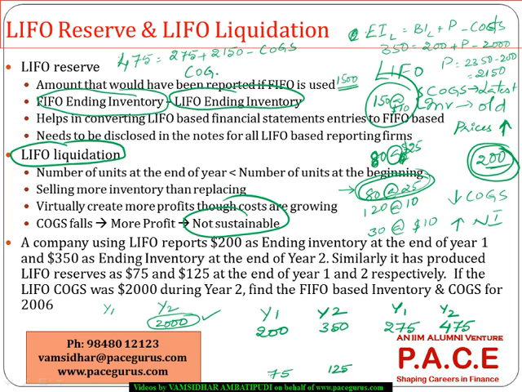So based on this I will get cost of goods sold FIFO as nothing but 2150 plus 275, 2425 minus 475, giving me 1950, which is nothing but cost of goods sold as per LIFO minus the increase in the LIFO reserve, which is 75 to 125. That's the increase in the LIFO reserve.